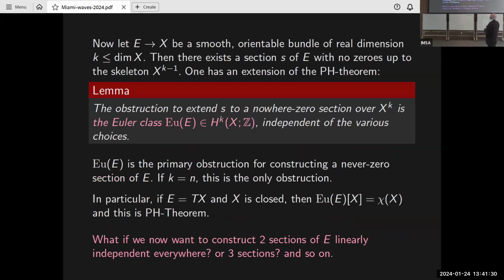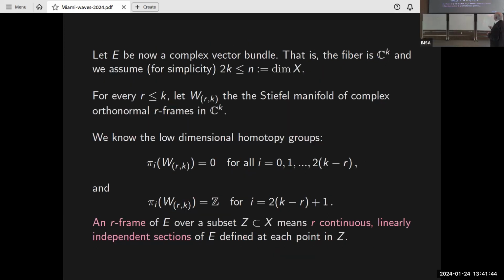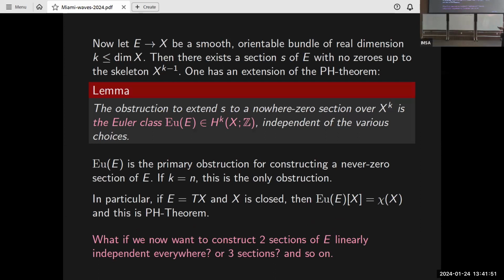Now, let me move forward. Now, let me come to giving a definition of Chern classes, most of you know, we will go quickly. Let's start with an oriented real vector bundle over a real manifold. And then we ask if we can construct a section of this bundle.